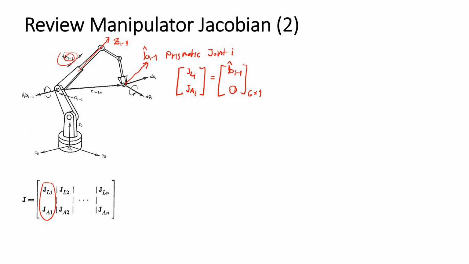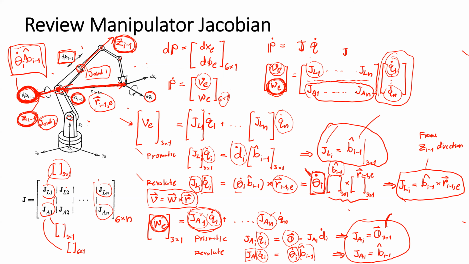And for revolute joint, the linear Jacobian and the angular Jacobian. For revolute joint, the linear Jacobian is the most complicated one here.